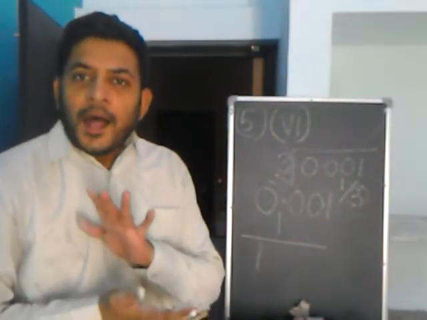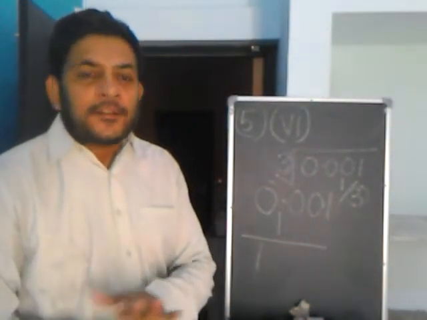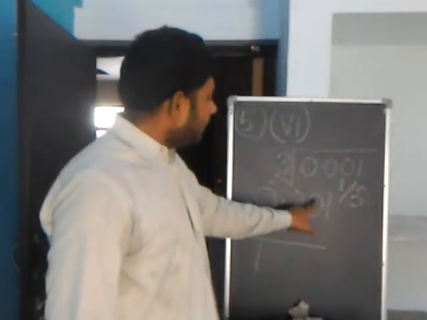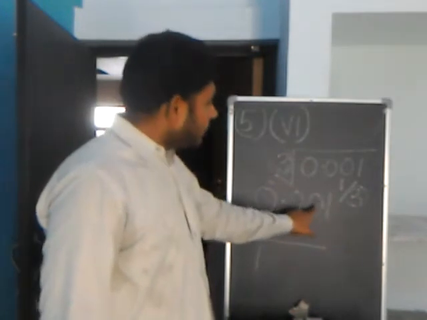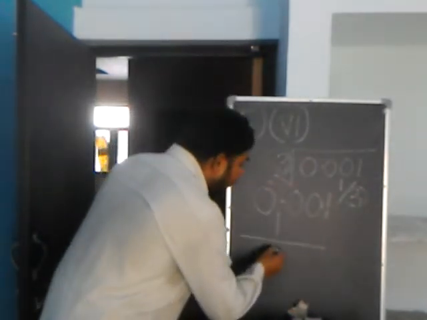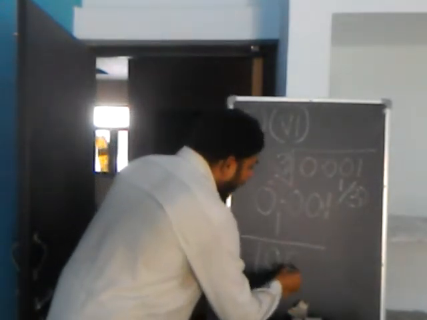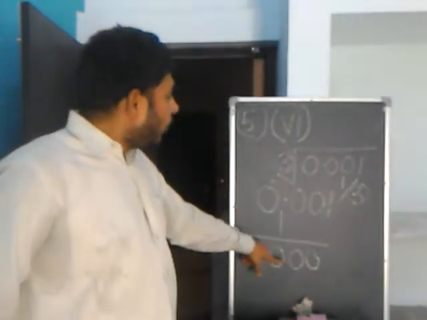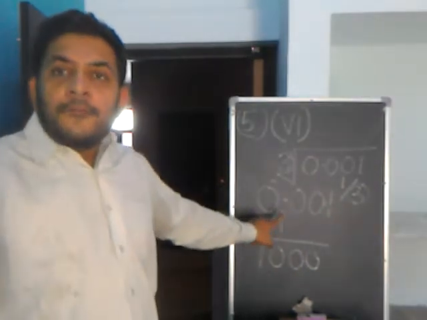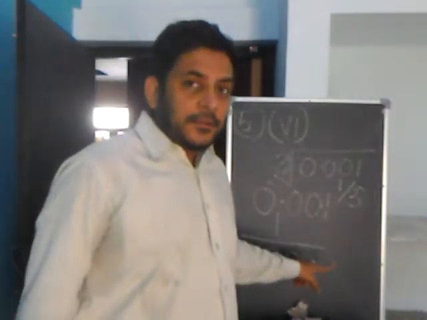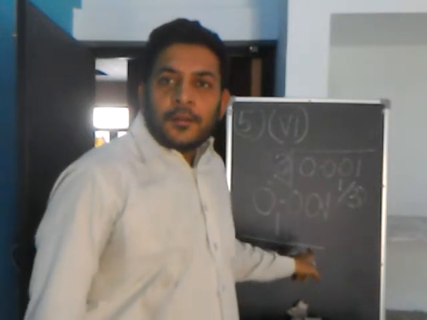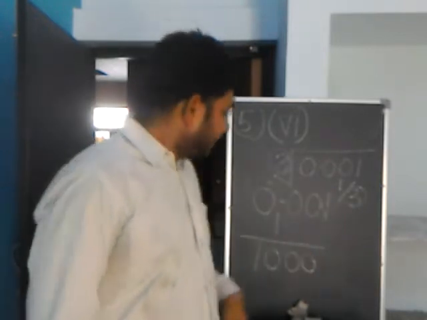Then I will count the number of digits after the decimal point. After the point, I have 3 digits, 1, 2, and 3. So how many zeros will I put here? I will put 3 zeros. So 0.001 is equal to 1 upon 1000.